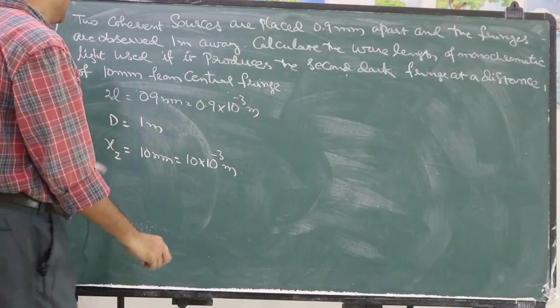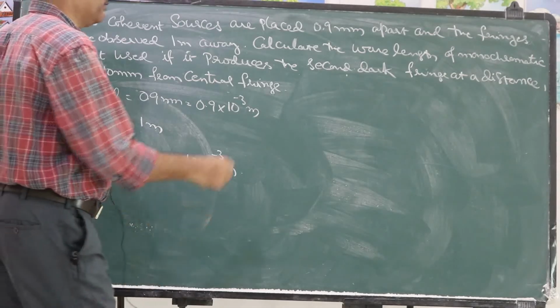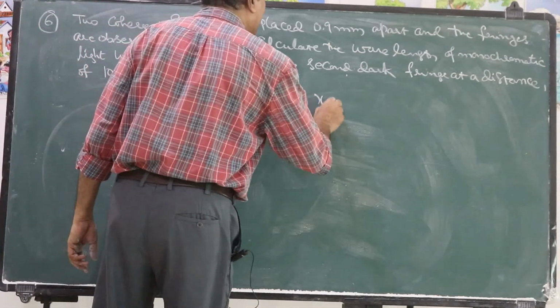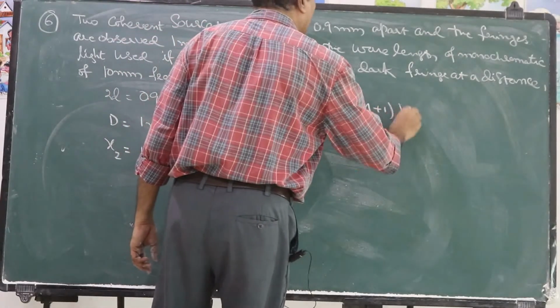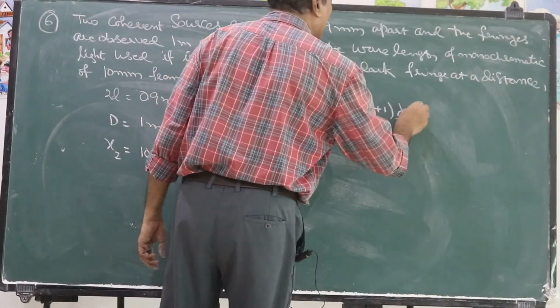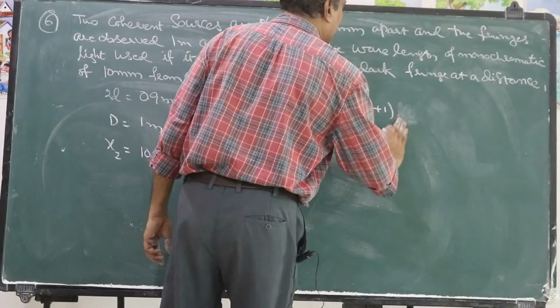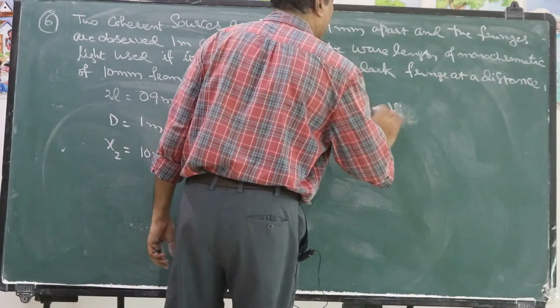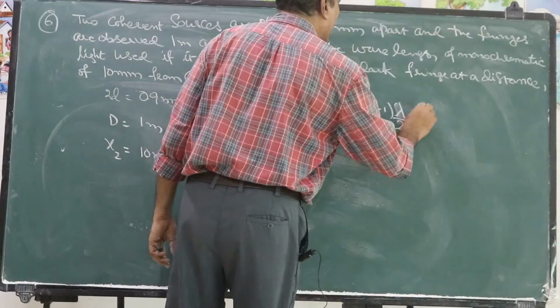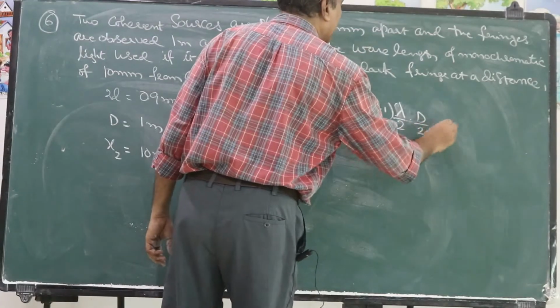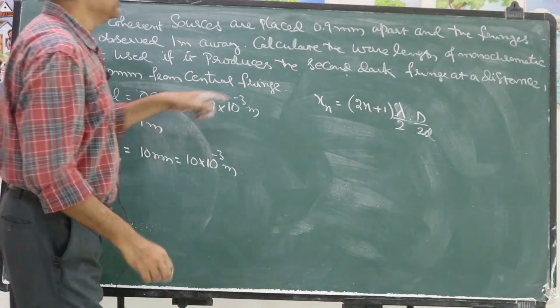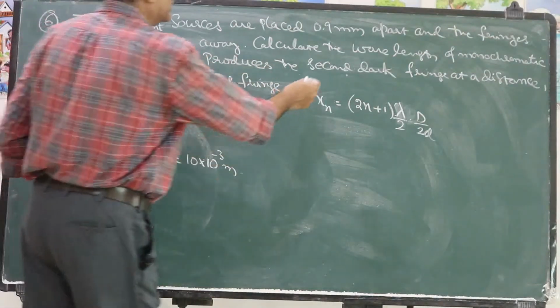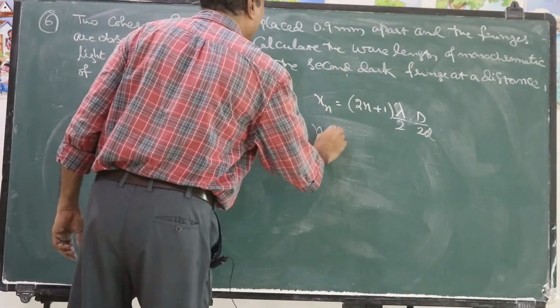So for a dark fringe we have the condition xn is equal to (2n plus 1) into lambda D by 2d. Here the fringe number is second dark, that means n is equal to 2.